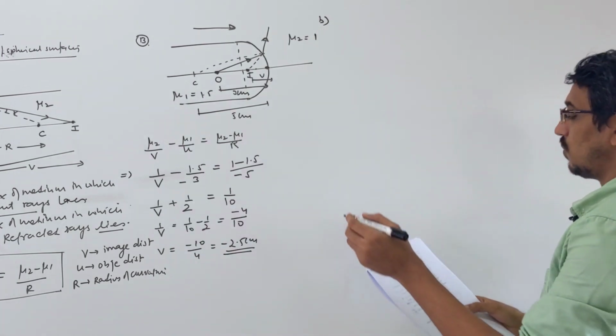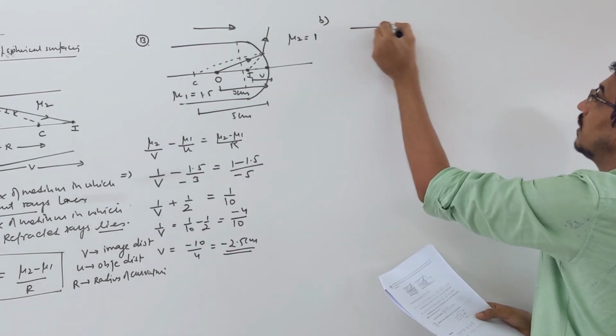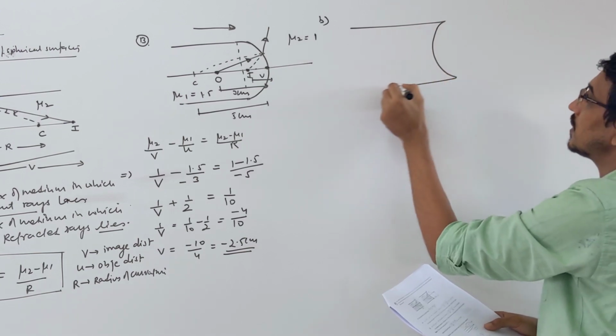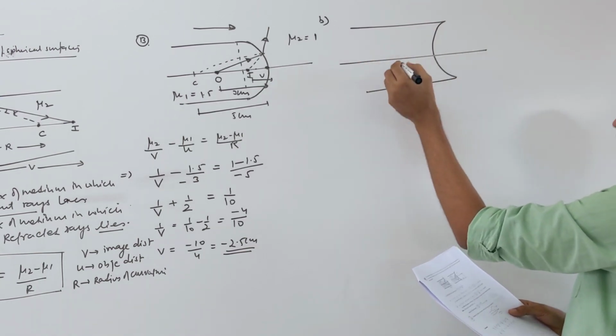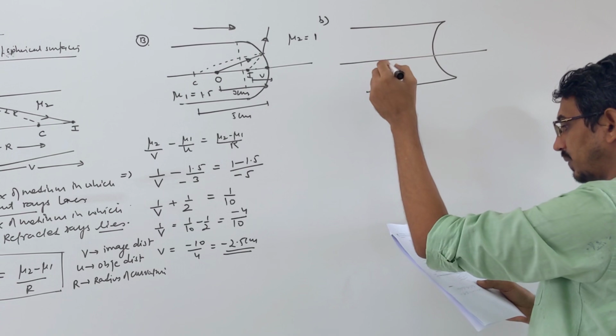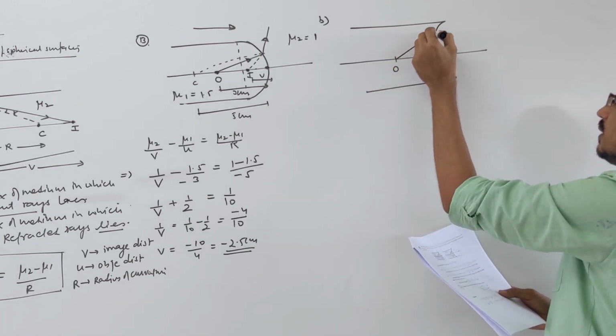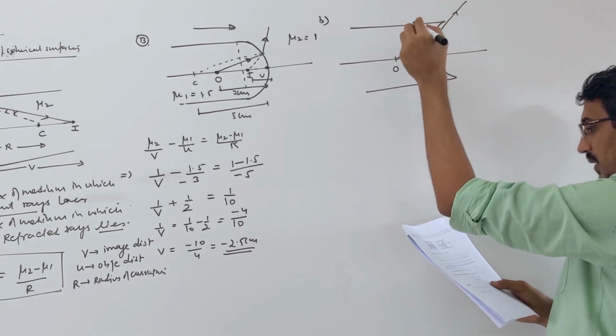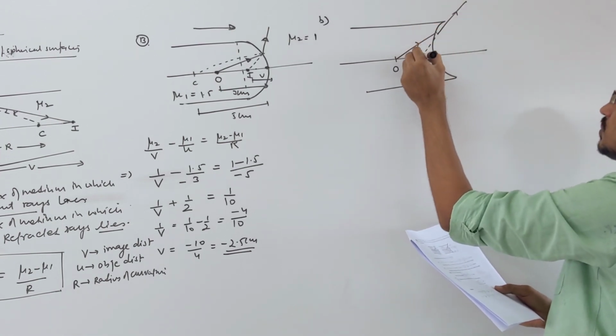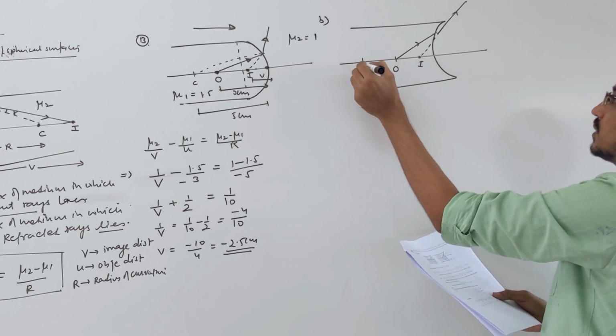Look here. What will change? Let me draw the picture also. This type of surface you have, other things remain the same. This is the object placed here, this is your incident ray, refracted somewhere here, and we don't know where the image forms, suppose it is formed here itself, that's your center of curvature.